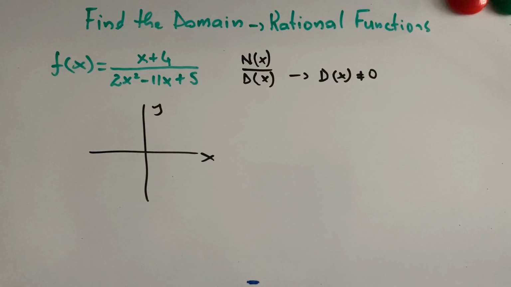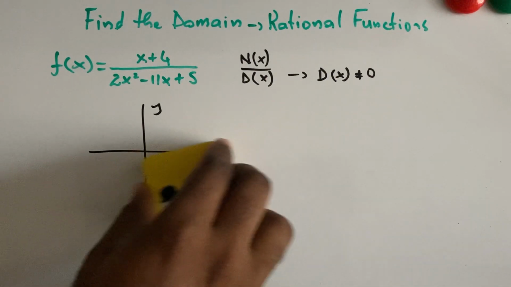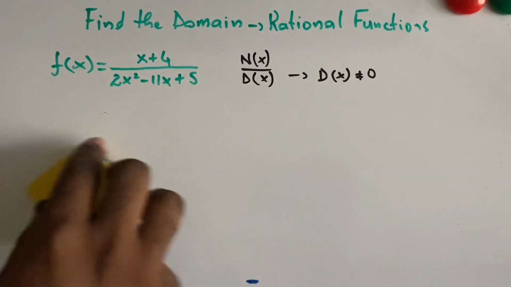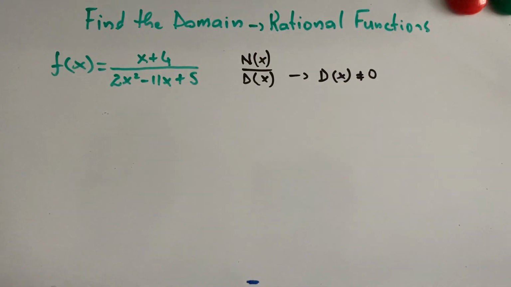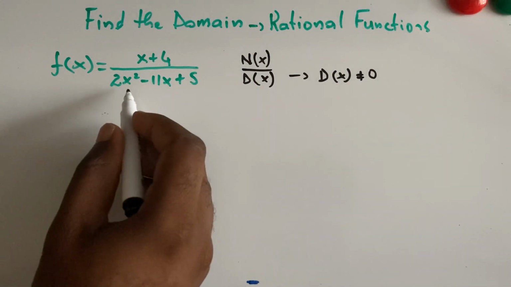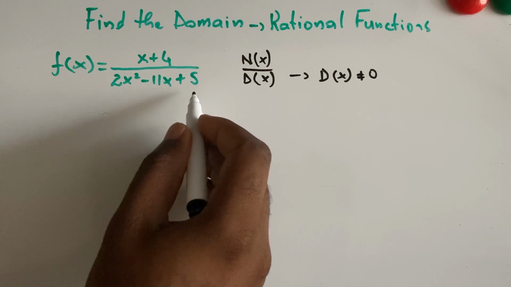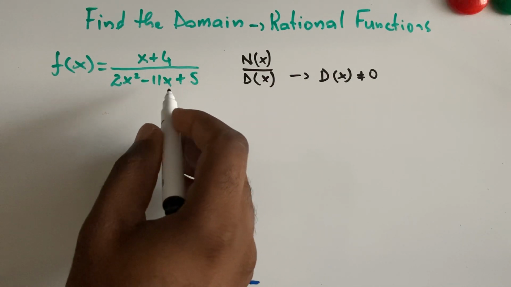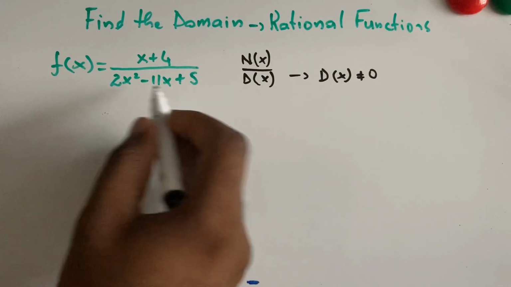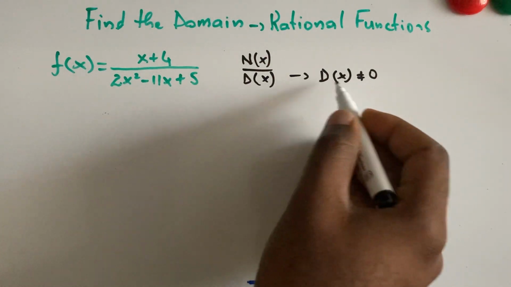So any value of x for which this function would not work would not be part of the domain. Having said that, if a value will make the denominator 0, then that would not be acceptable because we don't want the denominator to be 0.